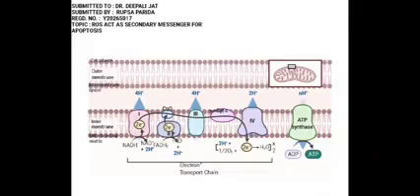Reduced glutathione or GSH donates electron for the reduction of hydrogen peroxide by the action of glutathione peroxidase enzyme, and in the reaction we get oxidized glutathione or GSSG.